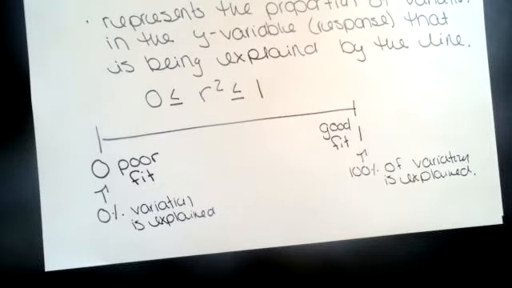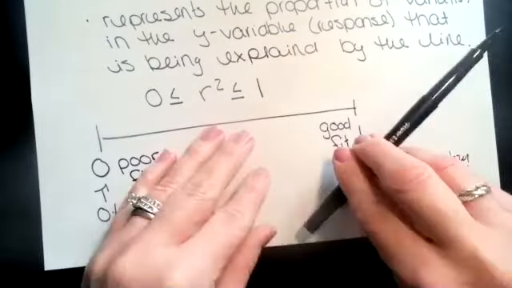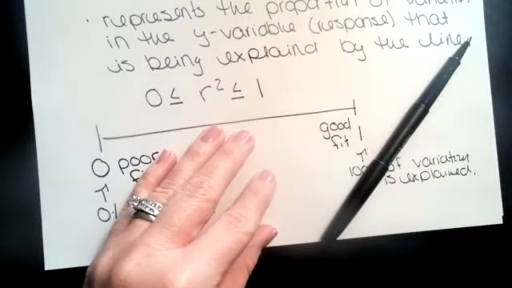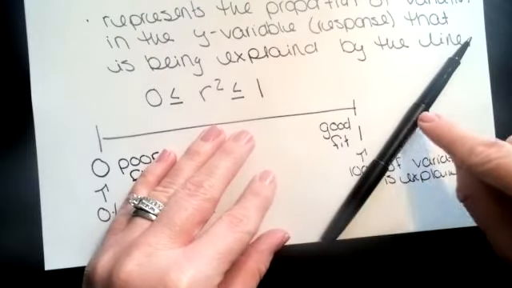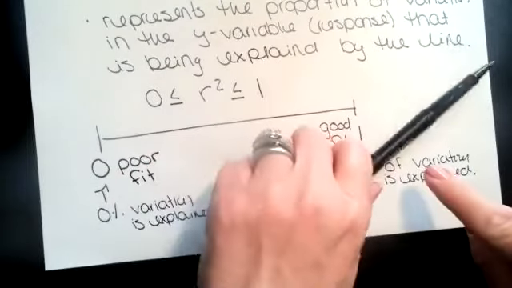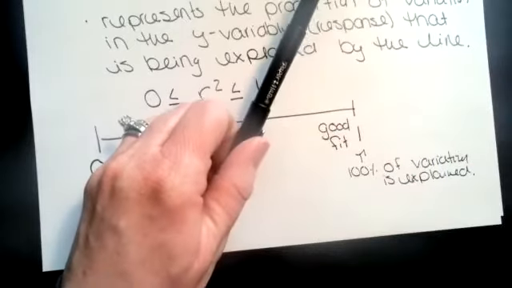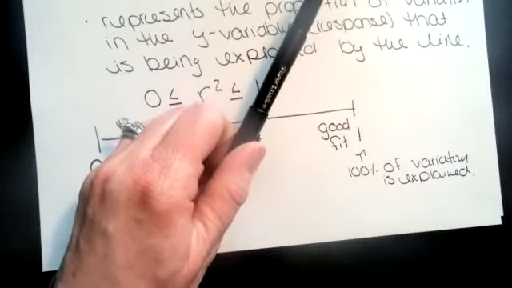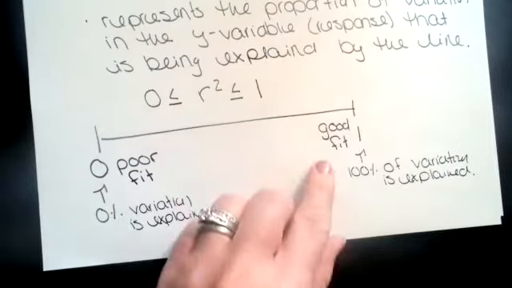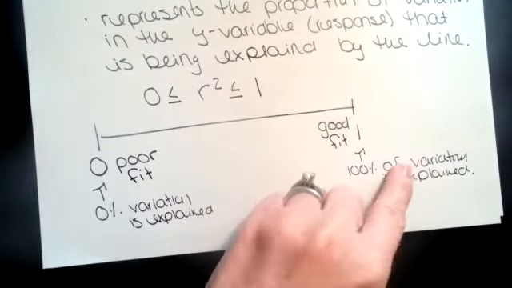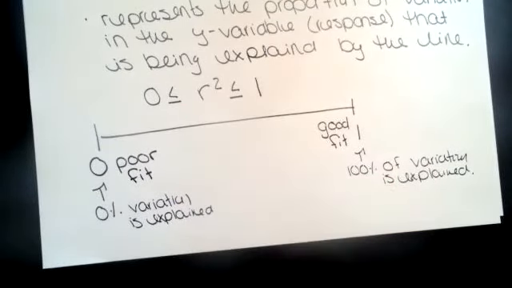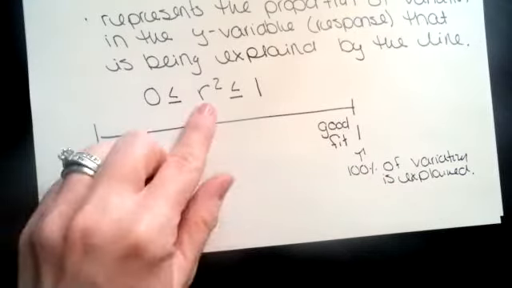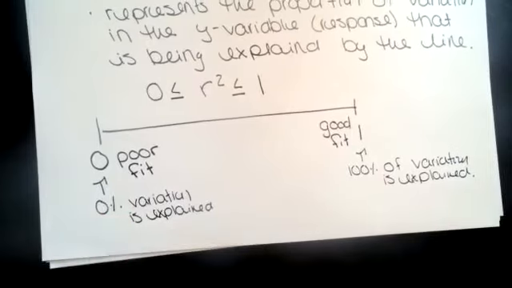If I have a lowercase r value, my correlation value, and it's a positive 1, that means I have a slope of a line that's like this, a positive direction. And it would mean all my dots would be right under my pen exactly, right? They would be all in a perfect straight line I could draw them with just a really thin, fine pen point, and they would connect. That would mean that 100% of the variation of my y variable is explained, right? So they work together. Since one number feeds off the other, they work hand in hand, okay?